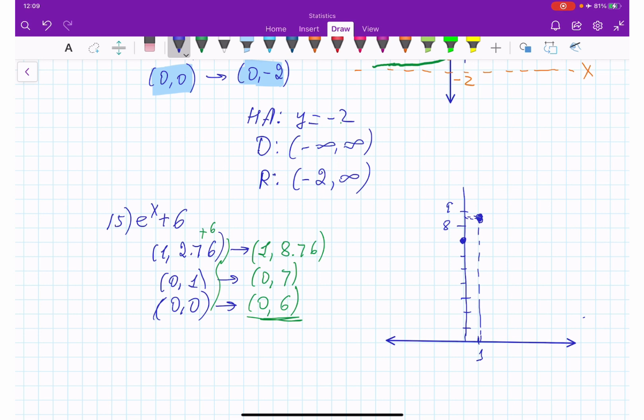And 0 and 6, it's going to be our new asymptote. 7, and this is going to be our 6. This one is 7, and this one is 1 and 8.76. And this is going to be our graph.